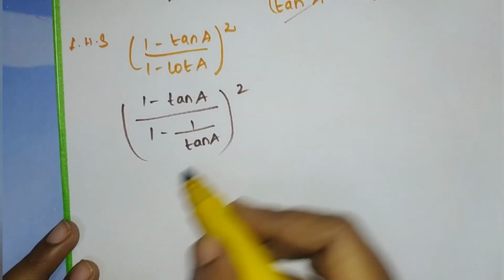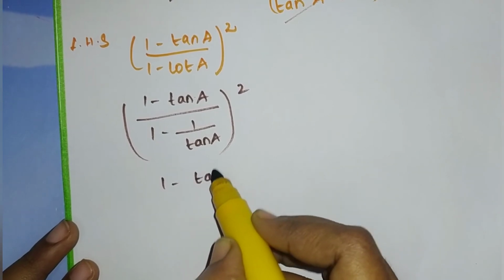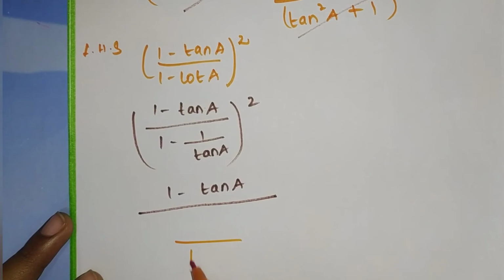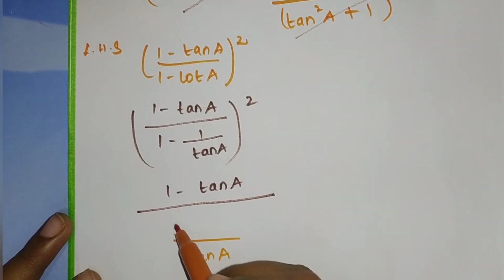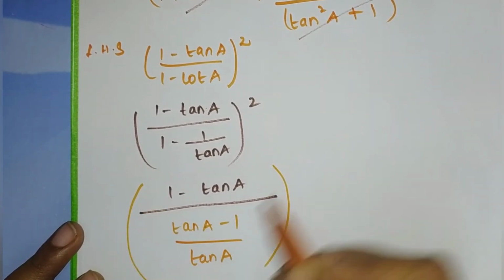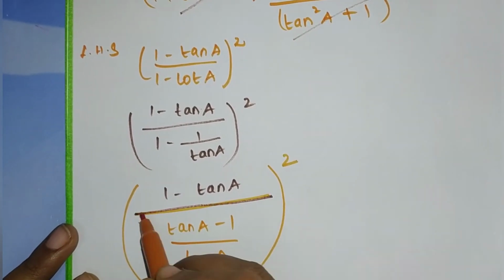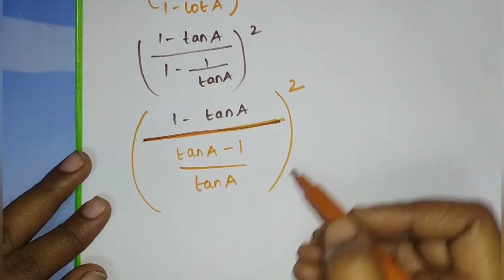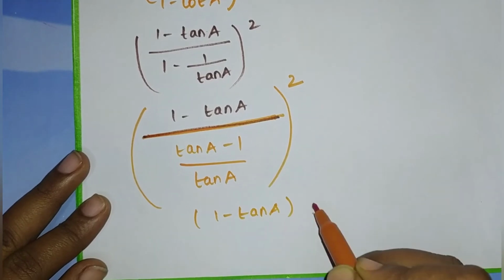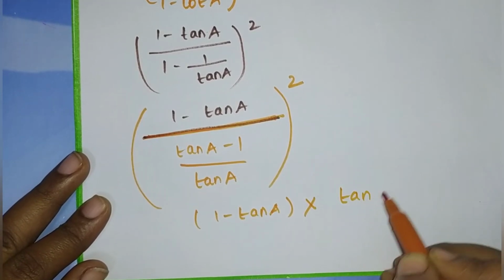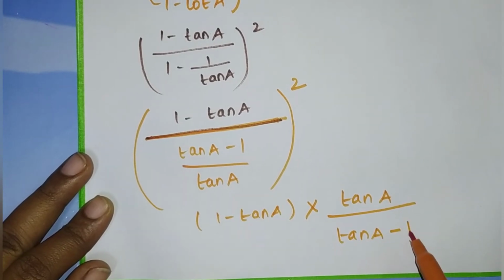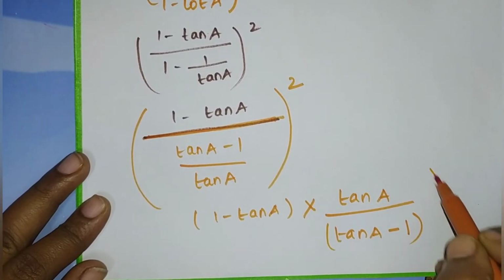And then take LCM for the denominator: tan A minus 1 whole square. This is the division. And then reciprocal it: 1 minus tan A into tan A, reciprocal it, tan A minus 1, the whole square.